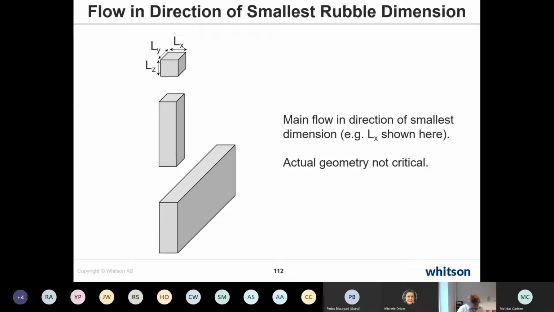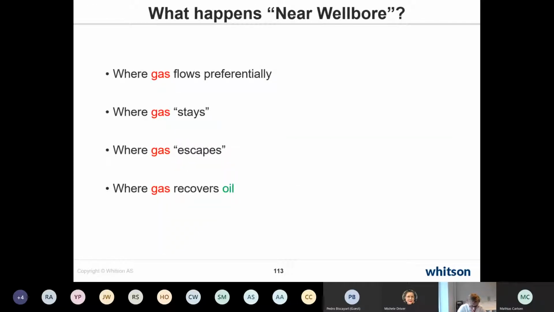That's also been verified by experimental results with ERC among others, where the minimum dimension here and here is the same, even though the total geometry is very different. What's important is the shortest distance that these components can travel, for instance by diffusion. So the actual geometry is not critical, and Stian will go through that later.